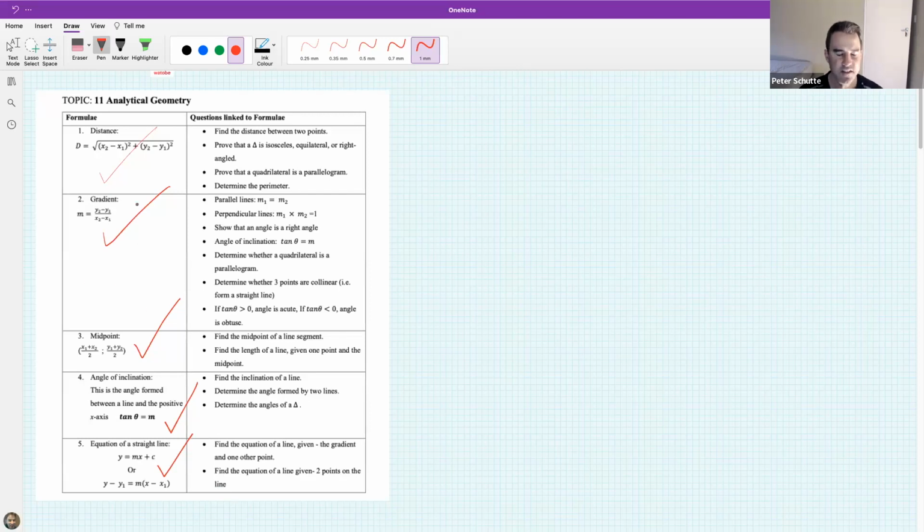All of these can be applied to different types of problems: knowing whether lines are parallel using the gradient, knowing whether lines are perpendicular, and showing that an angle is a right angle.